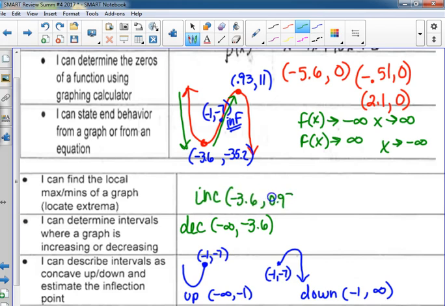Yep, 0.93. And then it goes down again from 0.93 to infinity. I feel like usually this is trouble, but I really feel like you guys are getting this. I hope I'm right. We'll see after the quiz, I guess.